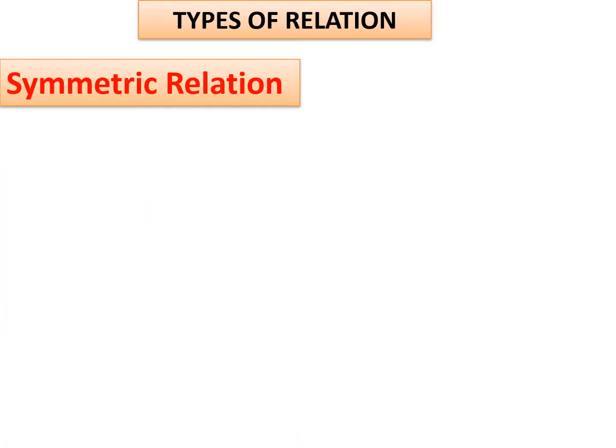Types of relation. Let us go to the second type, symmetric. Symmetric means when you just turn it and then see. This is a symmetric idea, already you have seen it in lower classes. When you call a figure symmetric, you just recollect that definition, which is used over here.